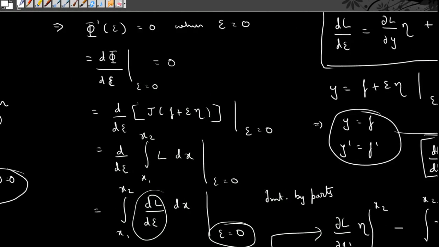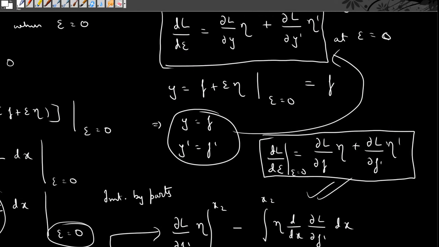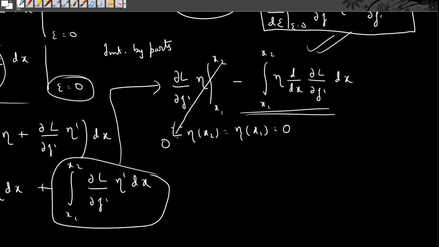So this implies that since eta of x2 equal to eta of x1 equal to 0, this term goes to 0. And all we are left with is this term. So I can replace this with this. So let's do that.